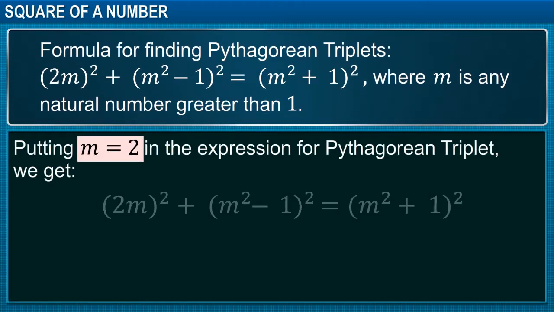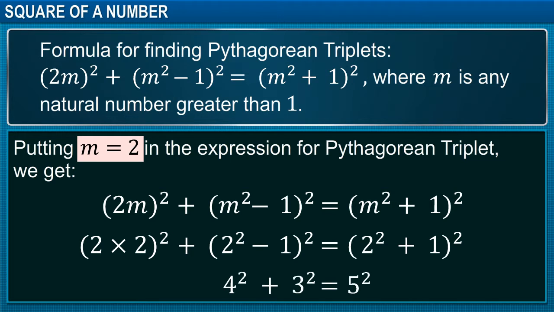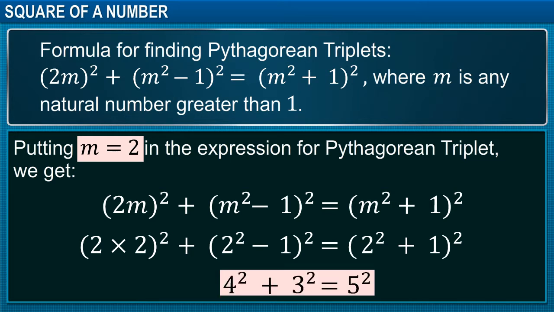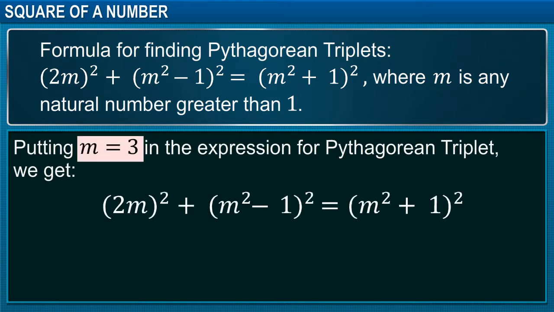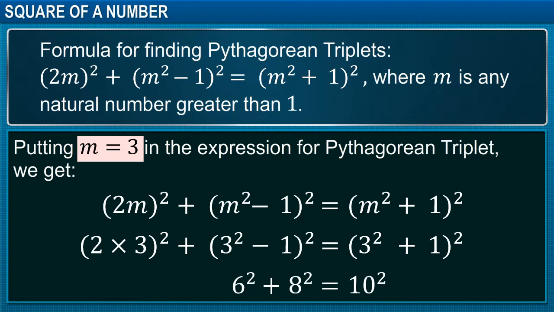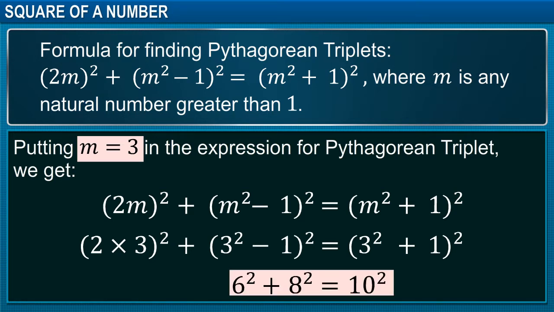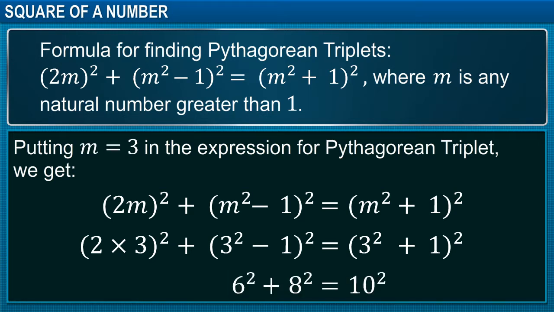Putting m equal to 2 in the expression, we get Pythagorean triplet 3, 4 and 5. Putting m equal to 3 in the expression, we get the Pythagorean triplets of 6, 8 and 10. You can try putting in different values of m to find Pythagorean triplets.